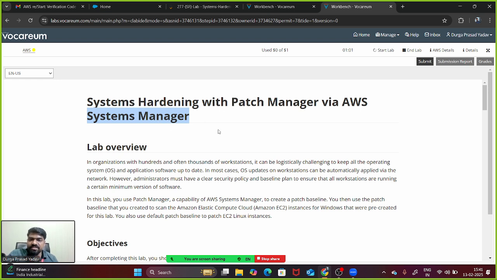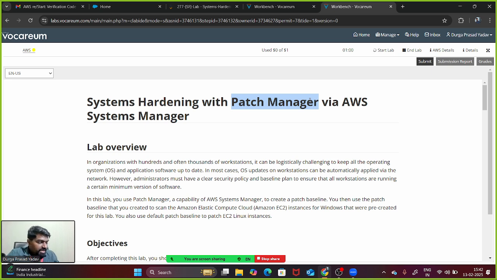Inside the Systems Manager service there is another capability, that is Patch Manager. Patch Manager will apply the patches.